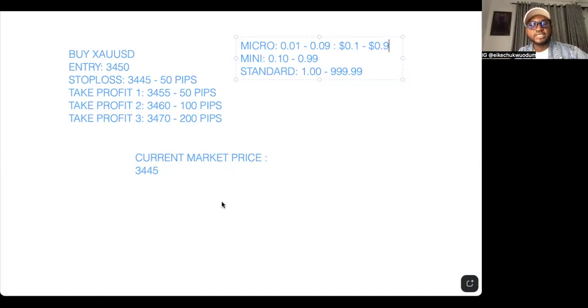When this trade hits TP1, which is 50 pips, how much would you have made? If you're making $0.1 for each pip movement, and price now moves by 50 pips, so that is times 50. How many dollars would you have made?